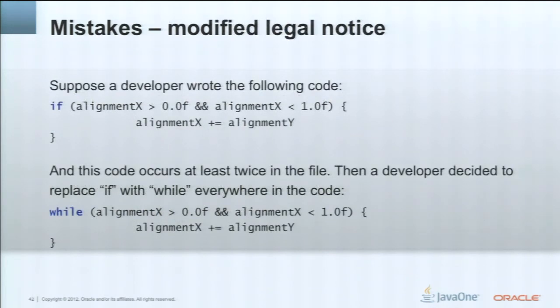Okay, next I would like to provide an example of how easy it is to accidentally change the legal notice. For example, developers wanted to write the following code. So we have an if statement. It's quite simple, but developers later decided to change that if statement to a while statement. Okay, that's fine.